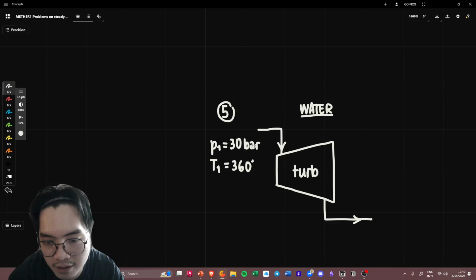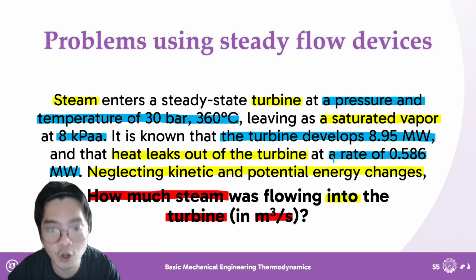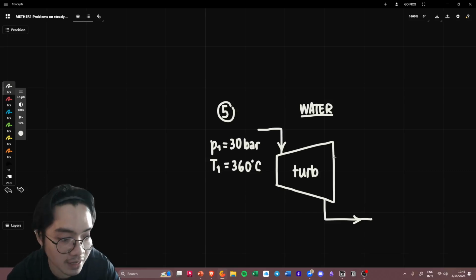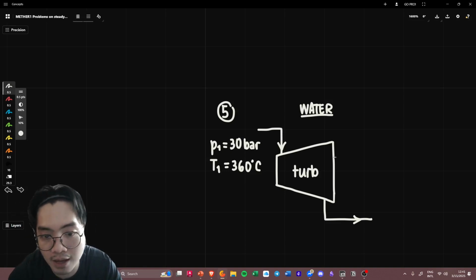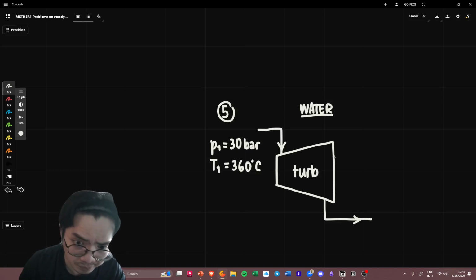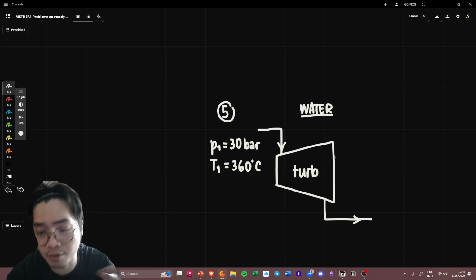I don't need to mise en place this because I don't need a value of kilopascal. I will explain now. My intuition tells me this is quite clearly a superheated vapor. And if it is a superheated vapor, I don't need to look at this in terms of kPa, because we only need these values to get certain other properties.